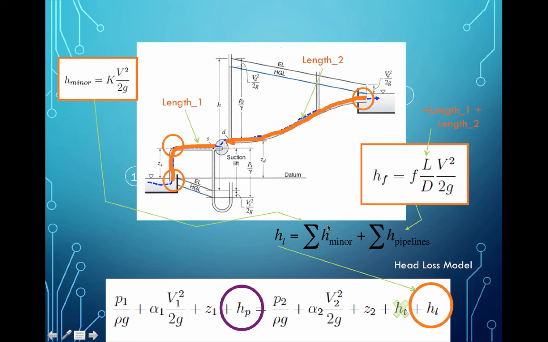And so the minor losses plus the pipeline losses are all added together to come up with the head loss model. So now we have the energy equation going from location 1 to 2: the pressure plus velocity plus elevation head at location 1 plus whatever the pump adds is equal to pressure plus velocity plus elevation head at location 2 plus the total head losses along the way.